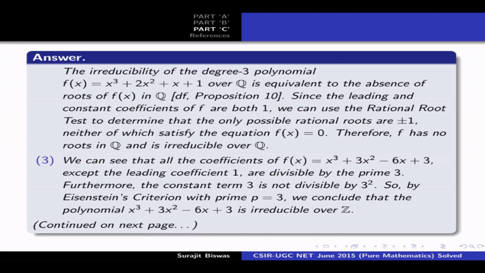Now, how to apply this: the irreducibility of the degree 3 polynomial f(x) equal to x^3 + 2x^2 + x + 1 over Q is equivalent to the absence of roots of f(x) in Q, from Proposition 10.